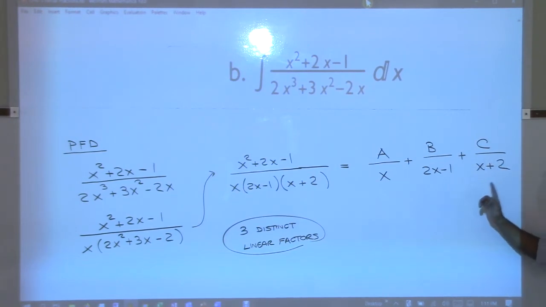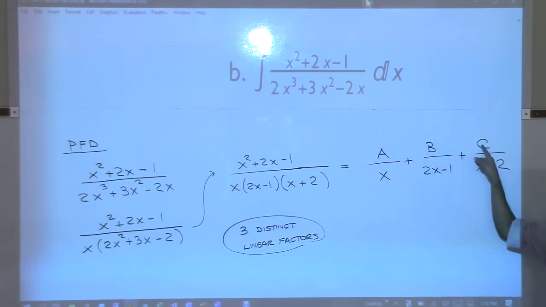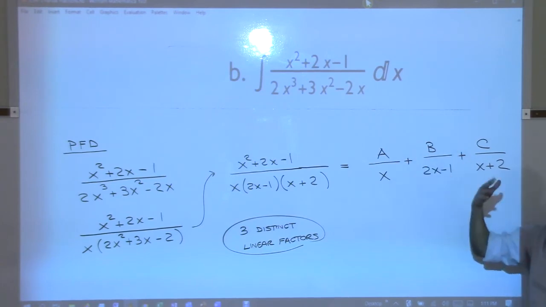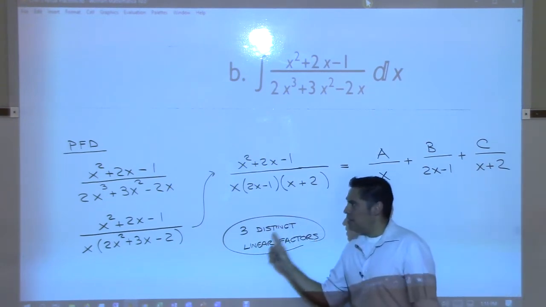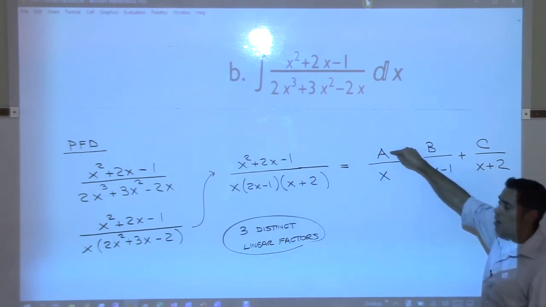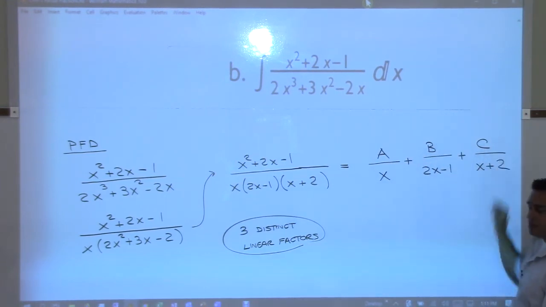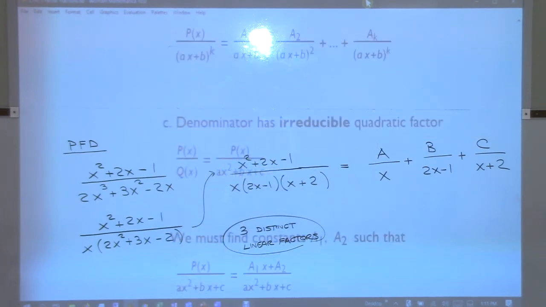Maybe in your college algebra class, you used a subscript 1, a subscript 2, a subscript 3, or maybe A, B, C. A lot of times when we do these in general, we use subscripts, because you could run out of letters. So the rule of thumb is this: for each distinct linear factor you see, you put some constant over each of the distinct linear factors. Now let me go back up into the notes and show you that same thing mathematically.